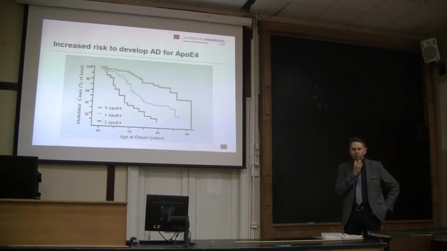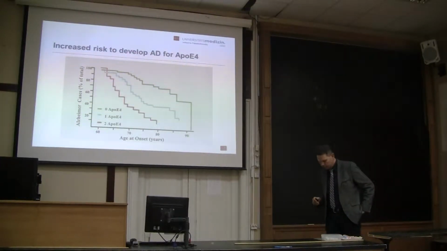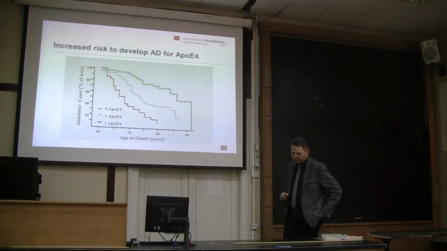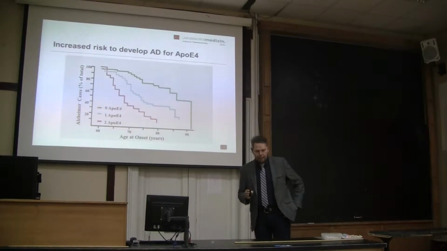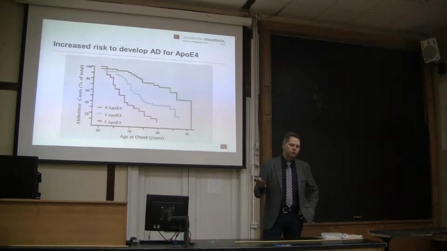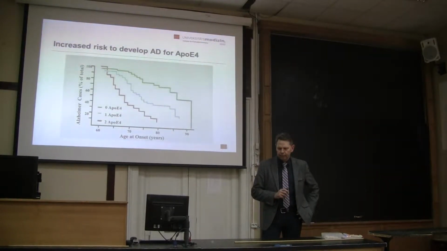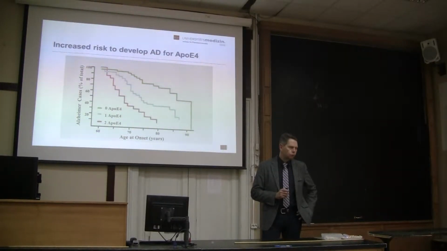And I came across the lab of Edward Koo in San Diego, and he was kind enough to accept me as a postdoc, so I went there. And he gave me a couple of projects to think about whether I was interested in working. And one project was basically based on the idea, what is the role of ApoE4 in Alzheimer's disease?